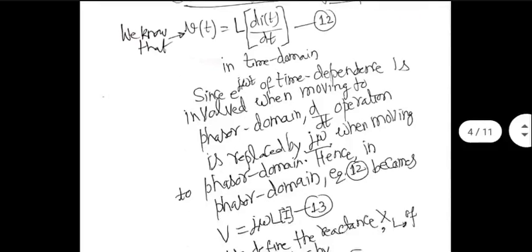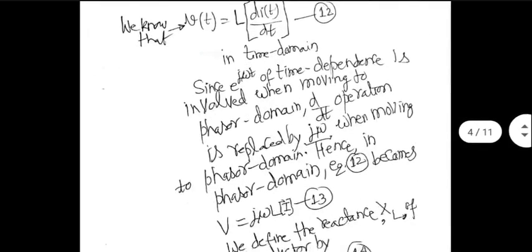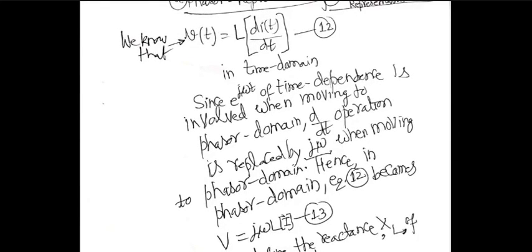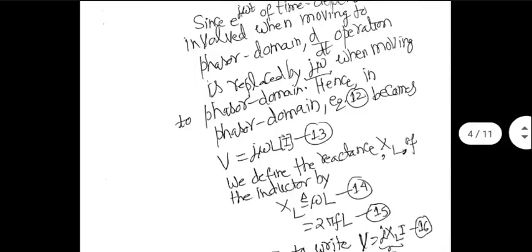So equation 12 in phasor domain becomes V equal to j omega L into I, where V and I are the phasors of voltage and current. The differential coefficient is gone in the process.